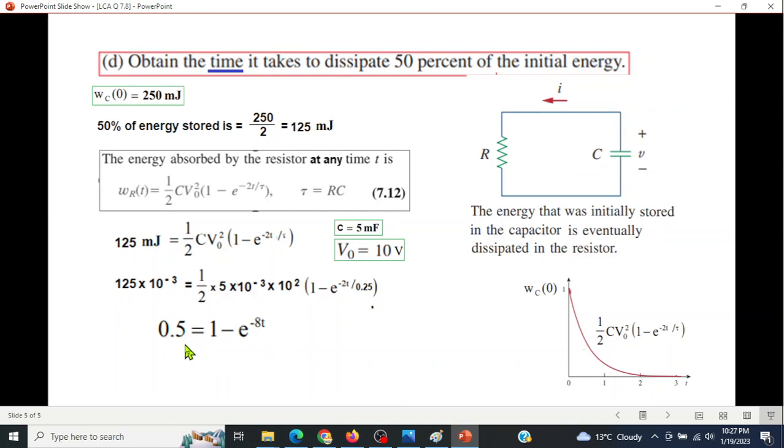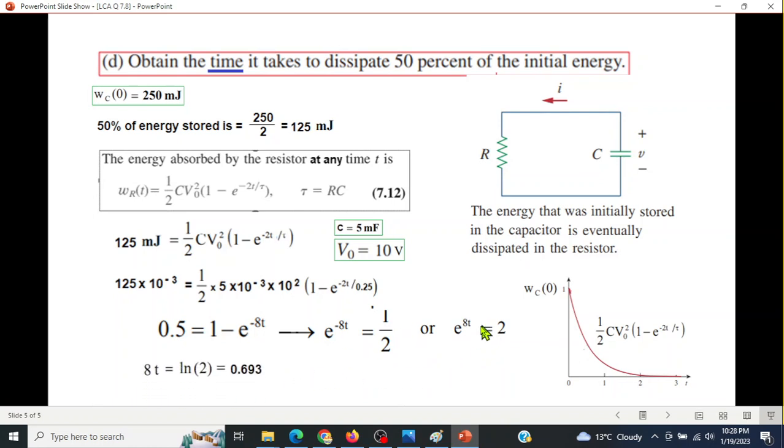Simplifying, we get 0.5 is equal to 1 minus e raised to the power minus 8t. Now, 2 divided by 0.25 will be 8. So from here, e raised to the power minus 8t is 1 over 2. And inverting both, we get e raised to the power 8t, the minus sign gone because of the inversion, and this inverted will become 2.